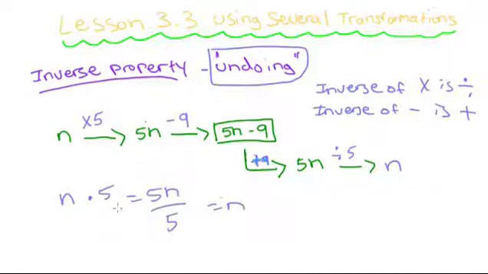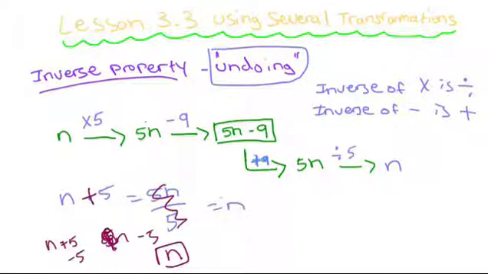Same as right here, except it's just adding. Let's say we do n plus 5. Then we subtract 5, and we get n, the same thing we started with.